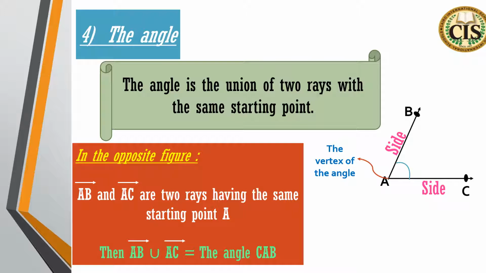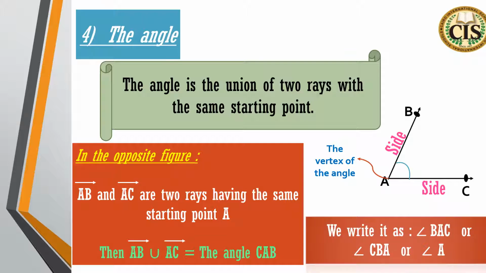Here point A is the vertex of the angle CAB, and AB and AC are two sides of the angle CAB. So we can write it as angle BAC or angle CAB or angle A.